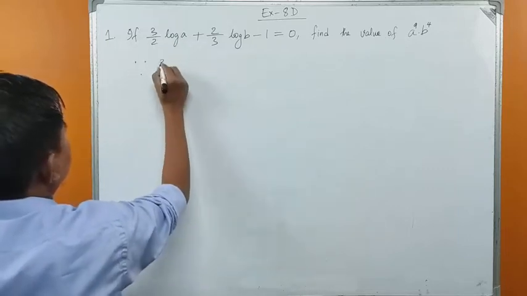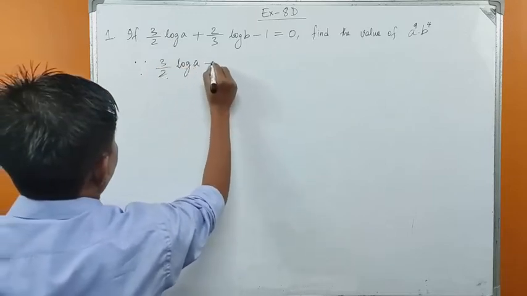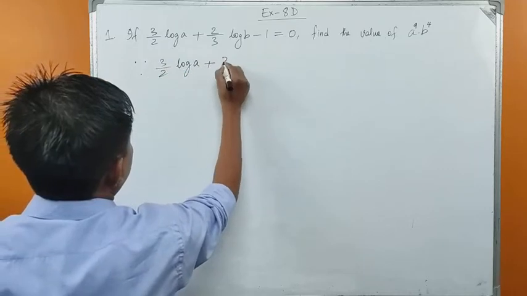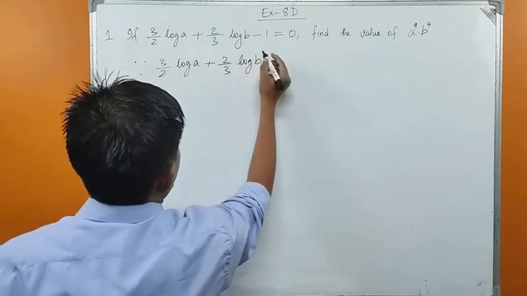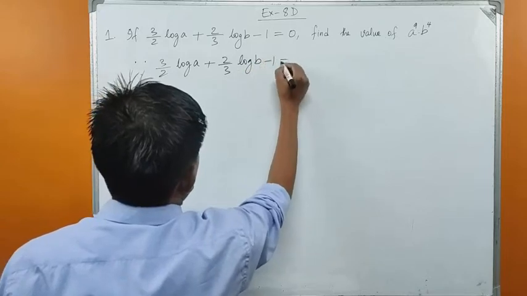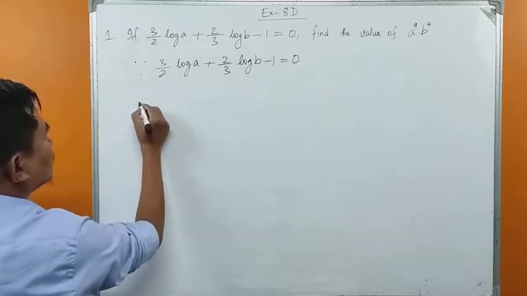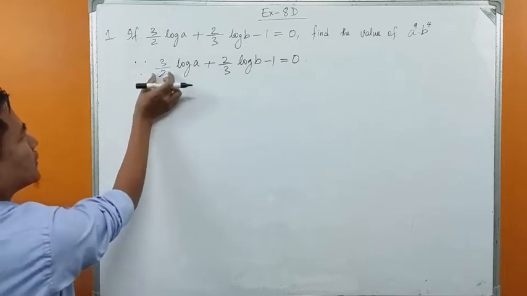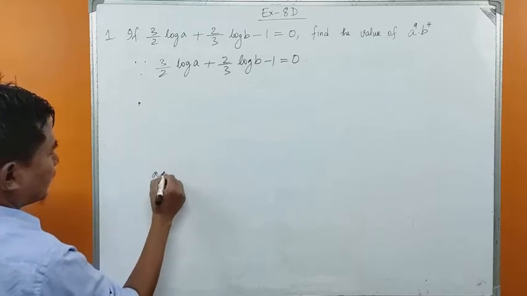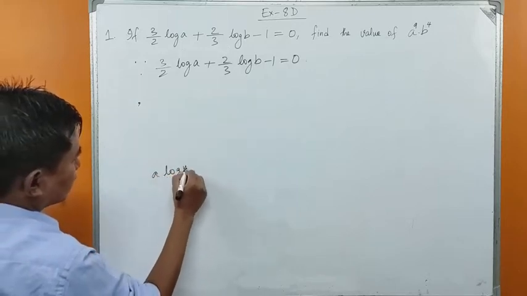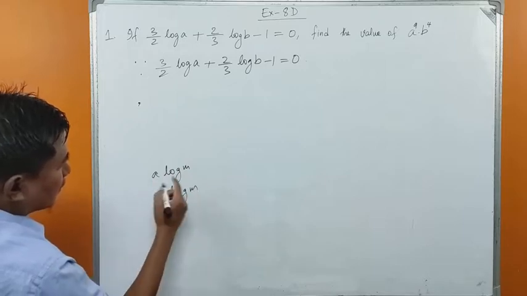3 upon 2 log a plus 2 upon 3 log b minus 1 equals 0. This is the given equation, isn't it? So now what we do is we take this number as power. If we have a log m, then this a can be taken as power, log m to the power a.